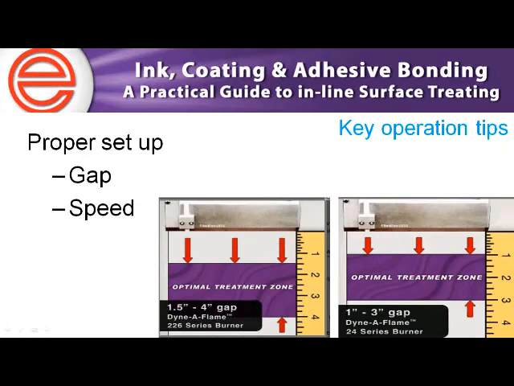The DynaFlame system, or the flame plasma that we discussed, actually comes in two different burner styles. And so I have a photo of each here up for you. Ryan mentioned and showed you a photo of the car part being treated on a robot. The photo on the left is our 226 series burner. This particular burner is designed for robotic use.